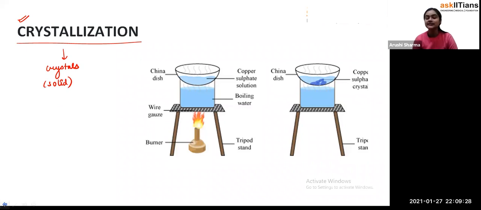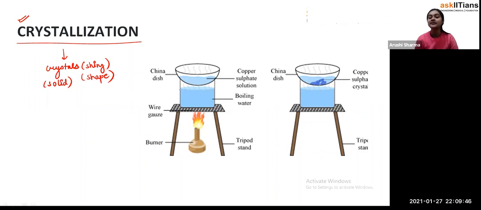But in crystallization, student, we get some type of crystals at the end, and those crystals can be shiny in nature, solid, and having some definite shape. So that is the crystallization process, student.